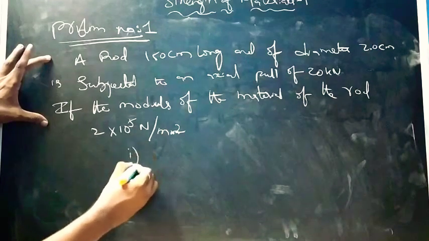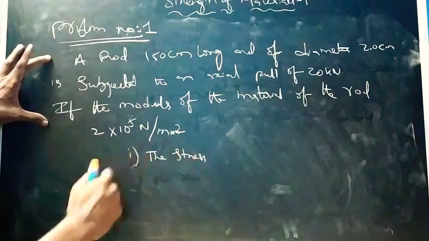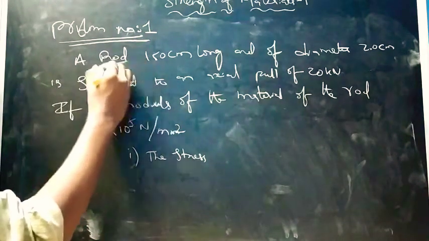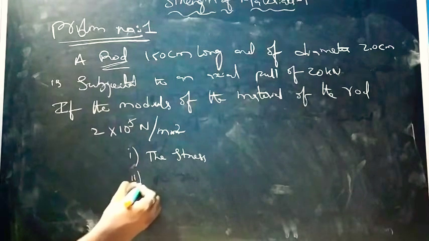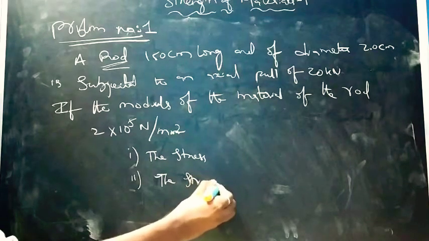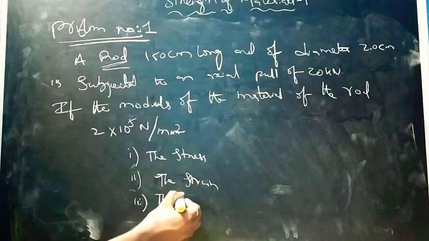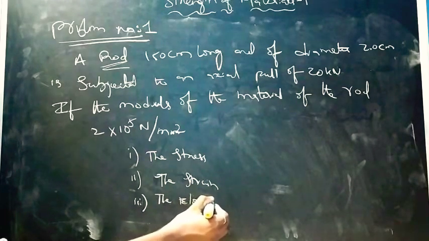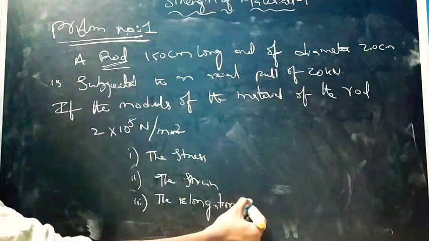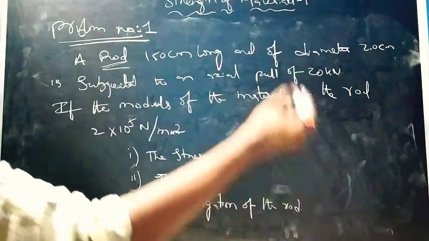They are asking to find the stress produced in the rod, right? Next, they are asking to find out strain, a basic question, and then the elongation. So how much elongation has happened in that particular rod, that is the change in length, right?